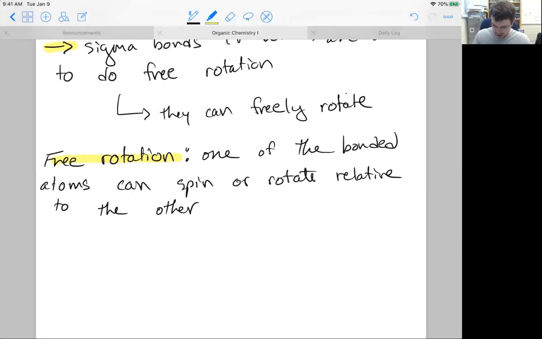That's converse or counter to what pi bonds can do. Pi bonds cannot undergo free rotation or do not freely rotate.